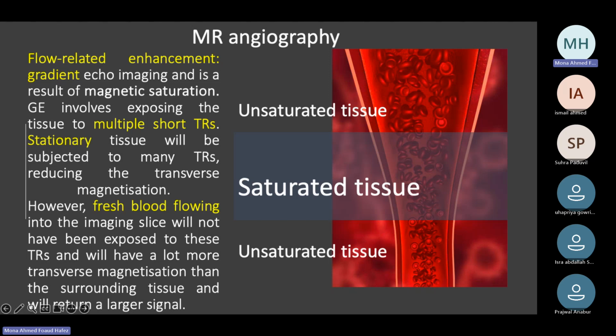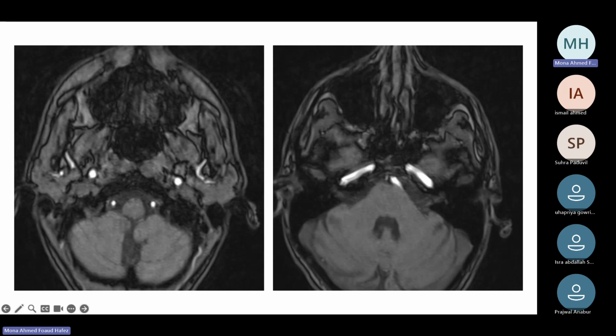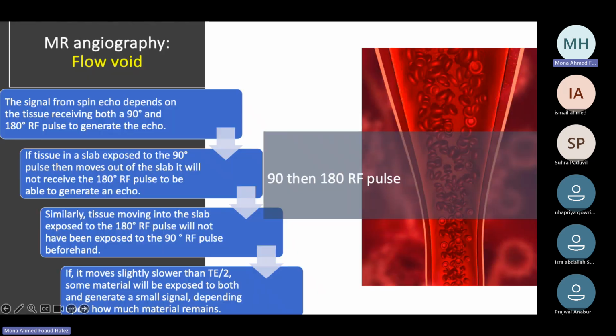It will have a lot more transverse magnetization than the surrounding tissue, which is already saturated by the short TR, and return a larger signal. This is the concept of time of flight in the brain.